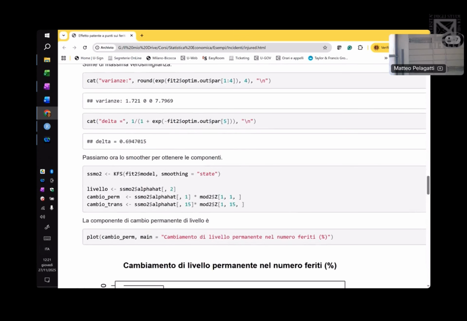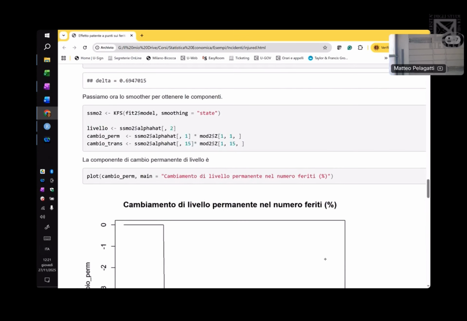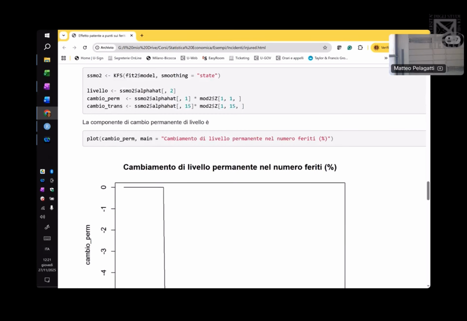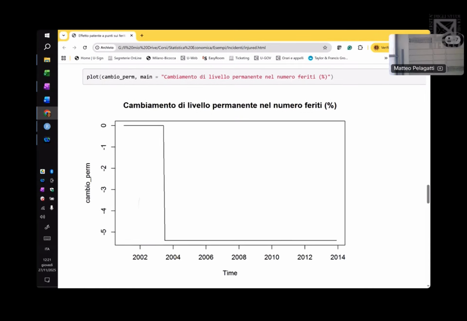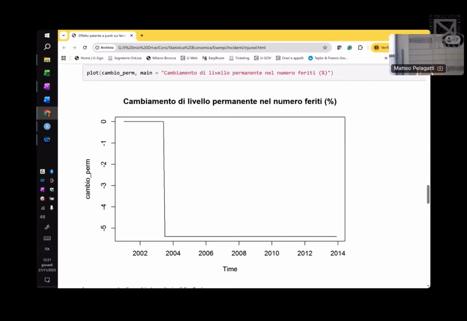And here, this is the effect of the step function, so the permanent effect. You have to think we're modeling in log times 100. So 5 here means 5%. So it looks like there is a permanent effect, because this is the S variable.